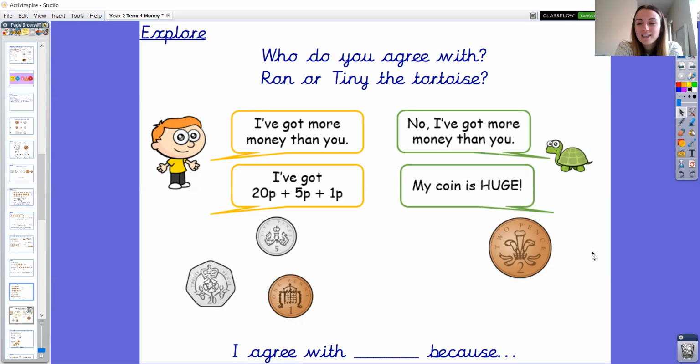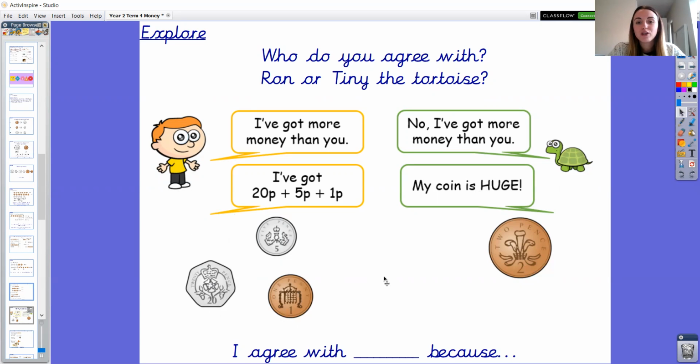Well done, Year 2. Excellent reasoning skills. So Ron has 20p, add 5p, add 1p, and that has a total of 26p. Tiny the tortoise has only got 2p. So although his coin is big, and it is bigger in size than the 20p, the 5p and the 1p coin, it has a smaller value.